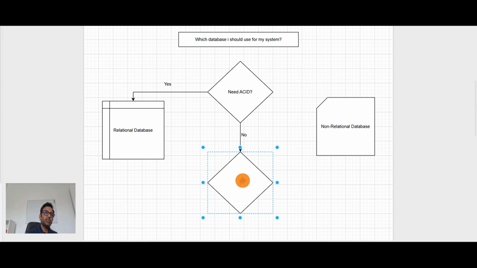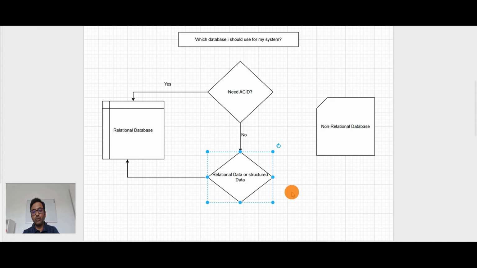The next question is, is my data relational data or structured data? Again, if the answer is yes, then we pick the relational database. And if the answer is no, it means we don't need ACID and our data is also not relational.